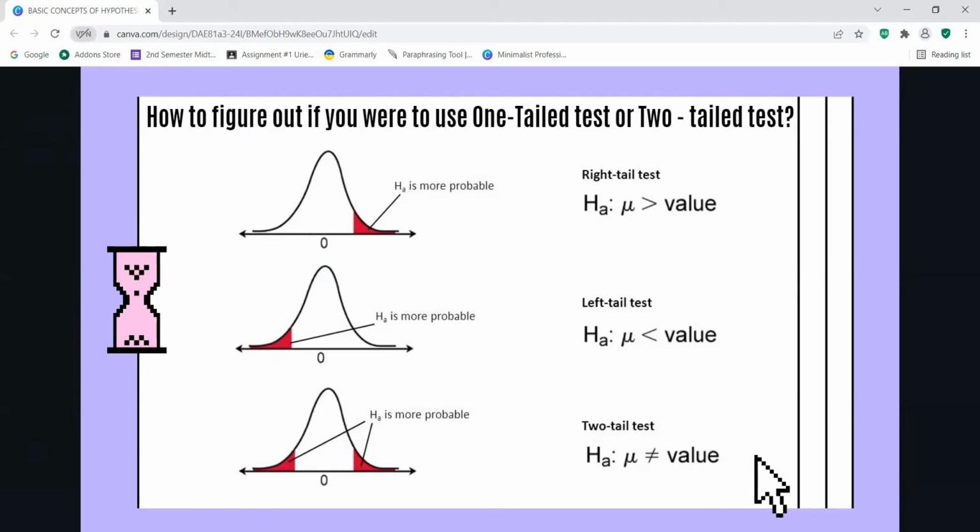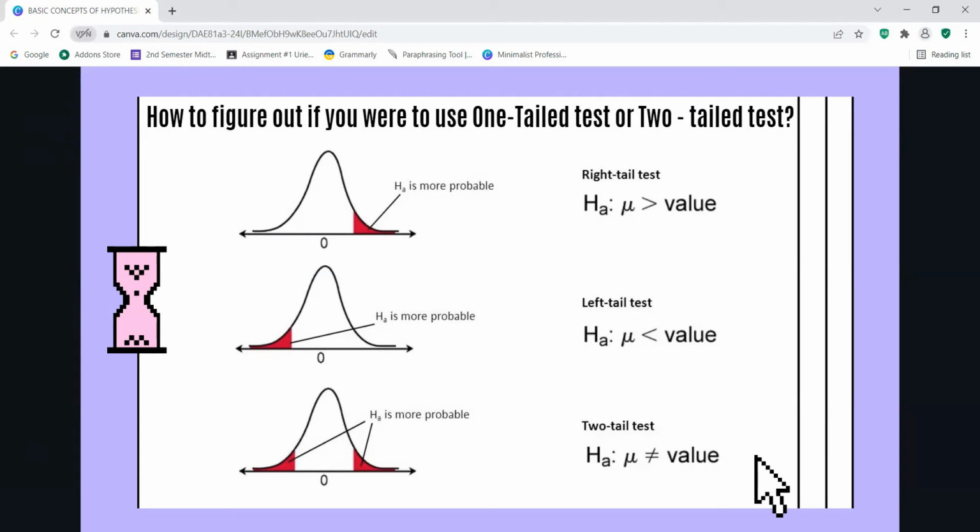If the statement is saying something like more than, or the population mean is bigger than that, it will be a right tail test.